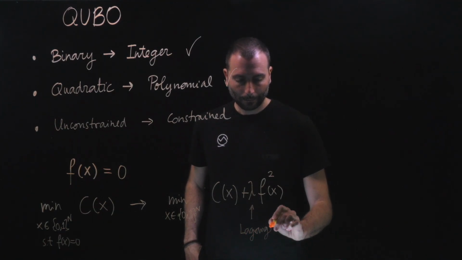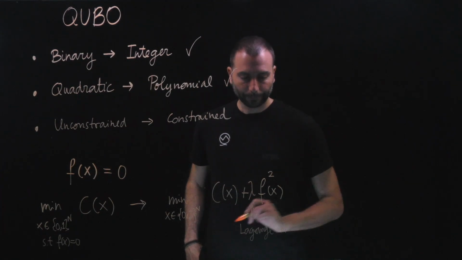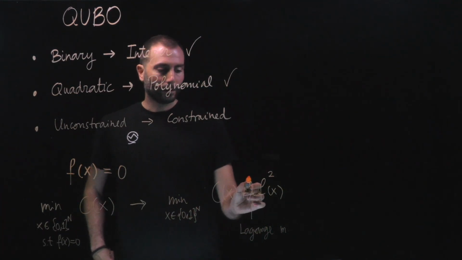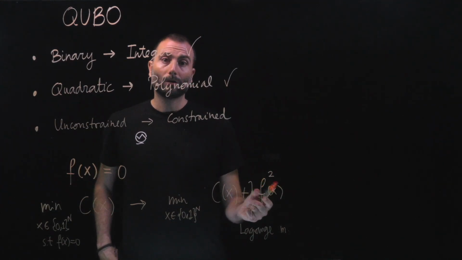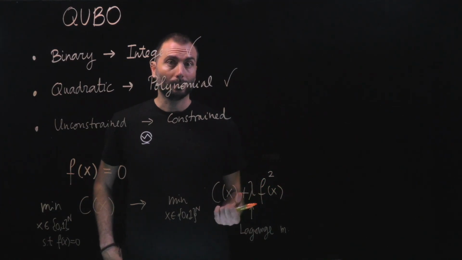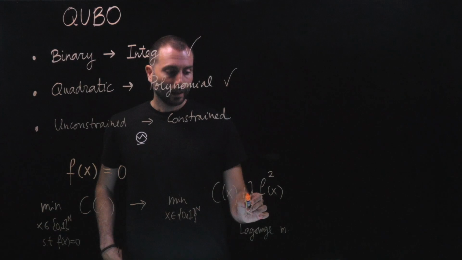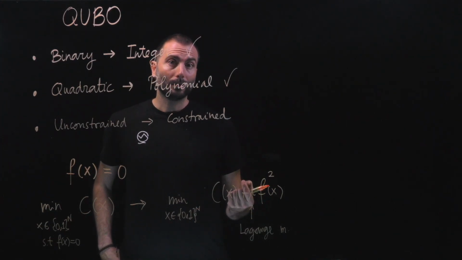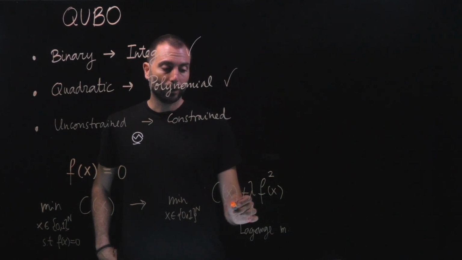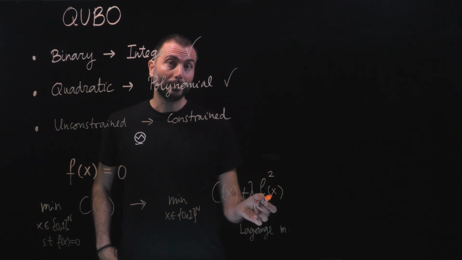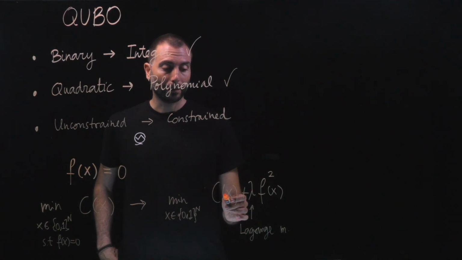So the role of this coefficient here is to make the constraint stronger or weaker. If this coefficient is too small, it could very well be that we find solutions that violate it because they are very good.